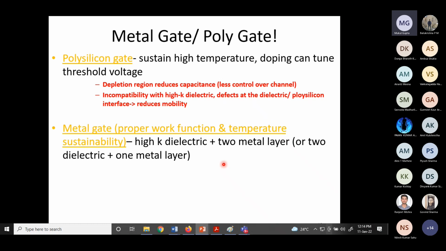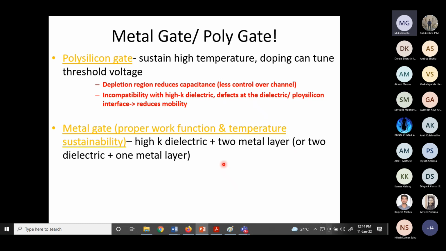But if we use the gate itself as a masking layer, then if you do diffusion or ion implantation to realize source and drain, they will penetrate under the oxide, and the overlap will be maintained between the gate oxide and source, and gate oxide and drain. So this is what we discussed in the last class.